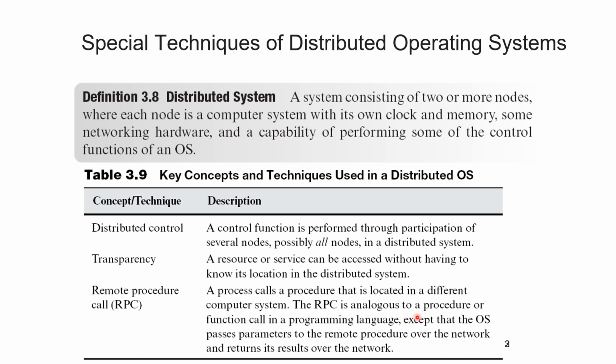RPC is analogous to a procedure or function call in a programming language, except that the operating system passes the parameters to the remote procedure over the network and returns its result over the network. So this is called the remote procedure call. This is all about the distributed operating system.